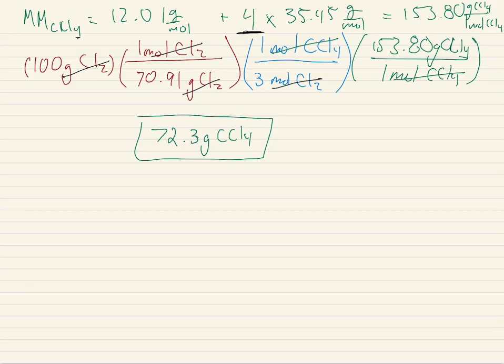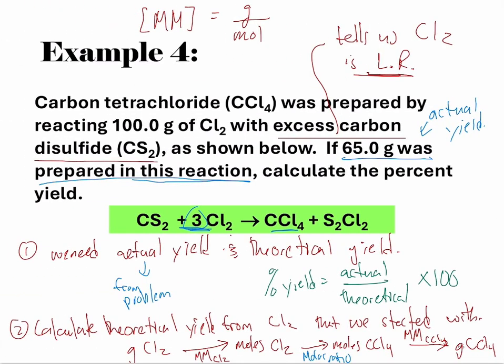Okay, so now we have 72.3 grams of CCl4. This was what value in our percent yield calculation? This is the theoretical yield. And how can we keep an idea if we're on the right track or not? If we look at the actual yield versus our theoretical yield, what can we say about those two numbers? Well, the actual is smaller.